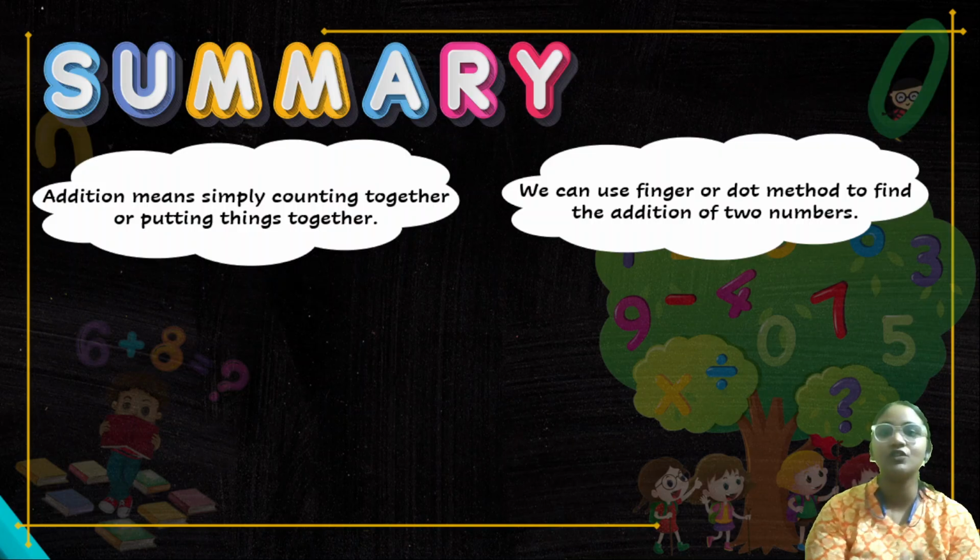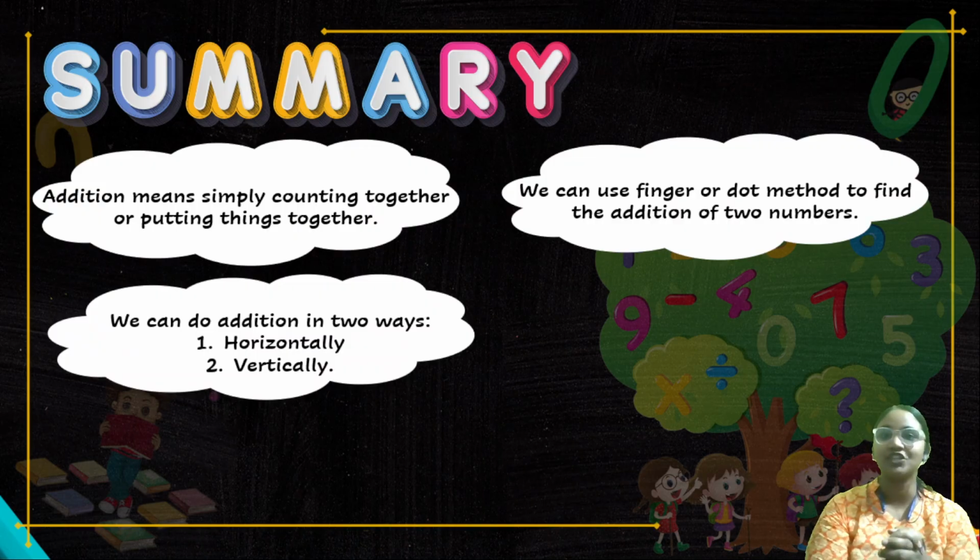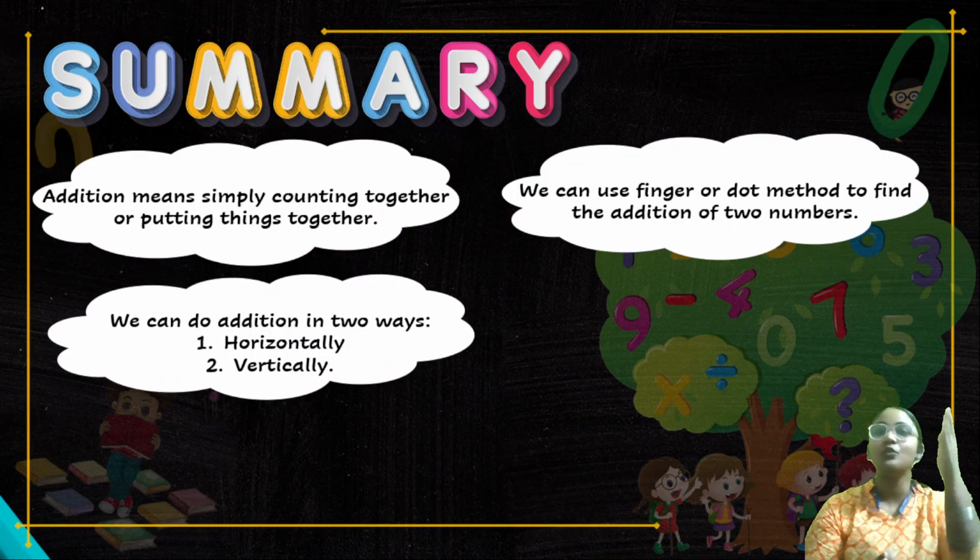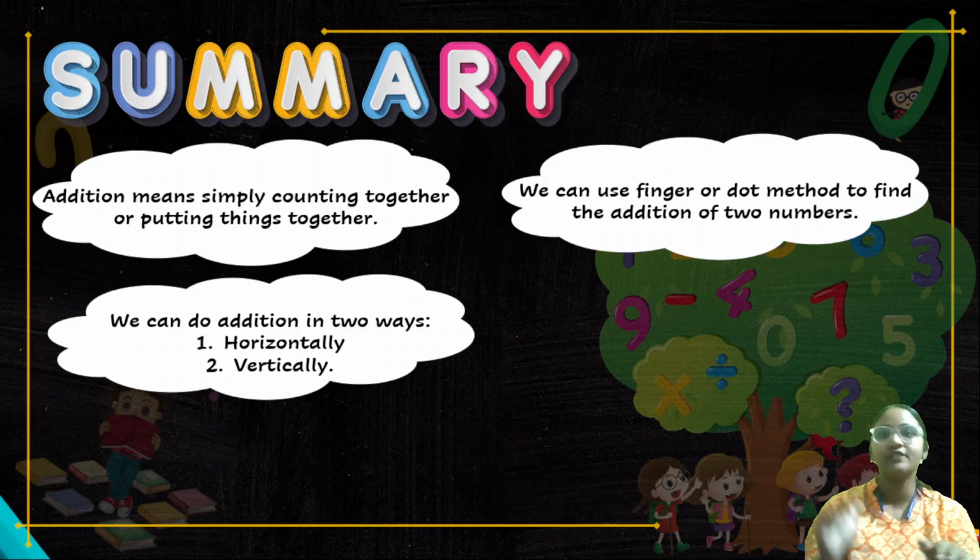Then we learned that we can do addition in two different ways. What are the ways? Horizontally and vertically. Horizontally means when we write from left to right, and vertically means when we write from top to bottom. But we always get the same result when we add the same numbers vertically or horizontally, right?